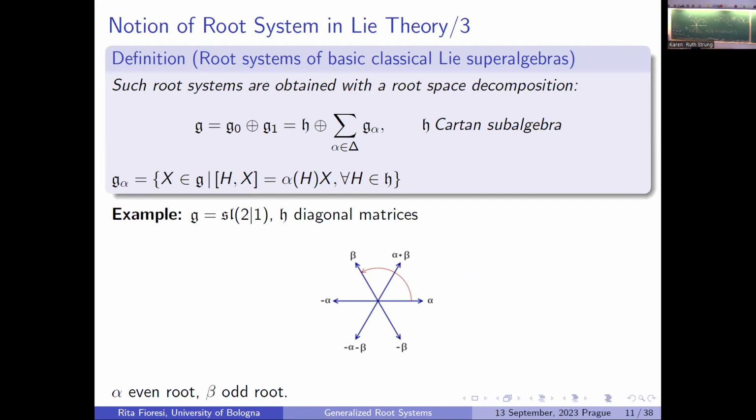It is the same thing. You have something called Cartan subalgebra, except that your algebra is divided in even and odd. If you've never seen this before, don't worry. This talk is not about superalgebras, but I'm just saying that there is yet another definition of root systems, and it's due to Serganova. She defines this root system. She calls them generalized root systems, but our root systems are generalized root systems.